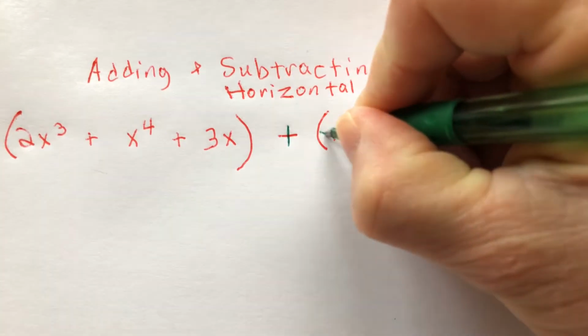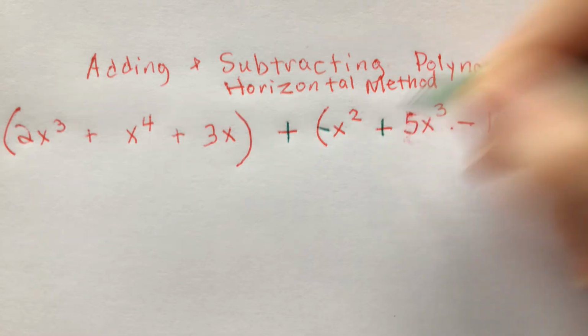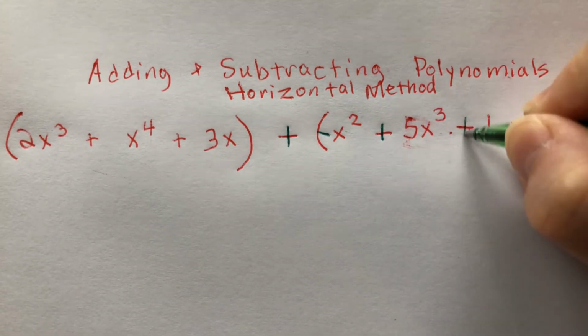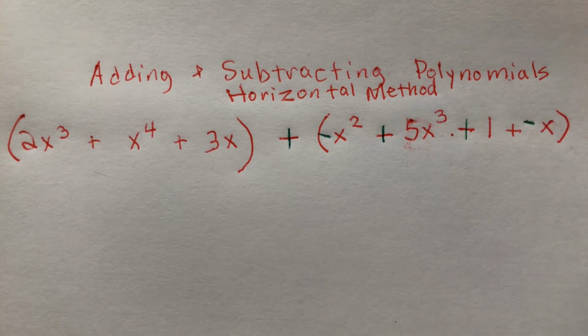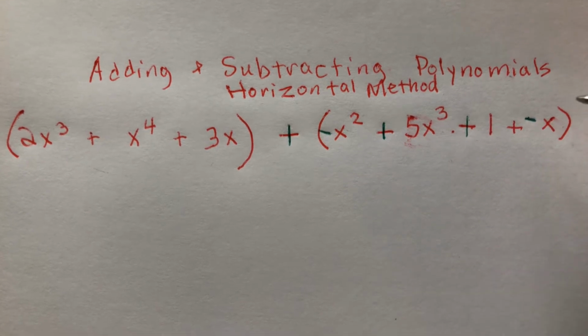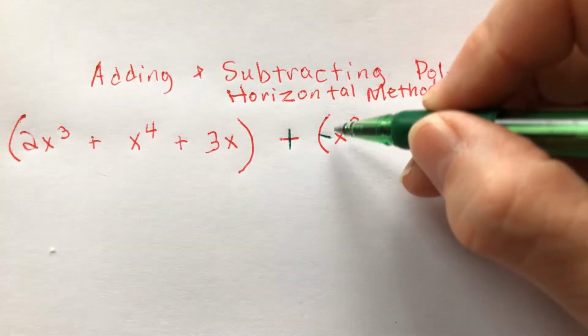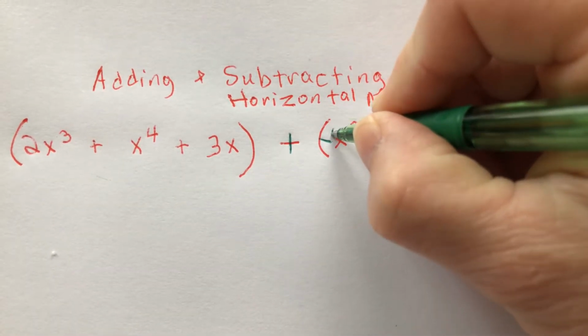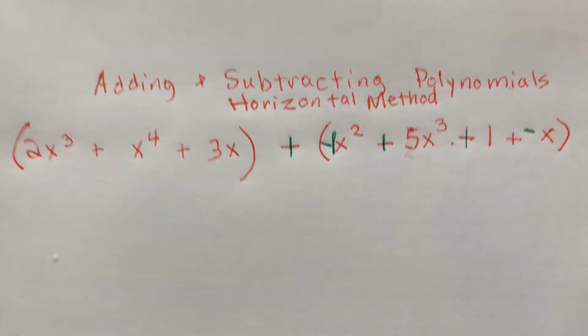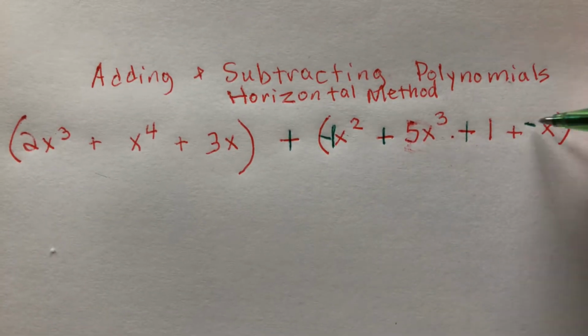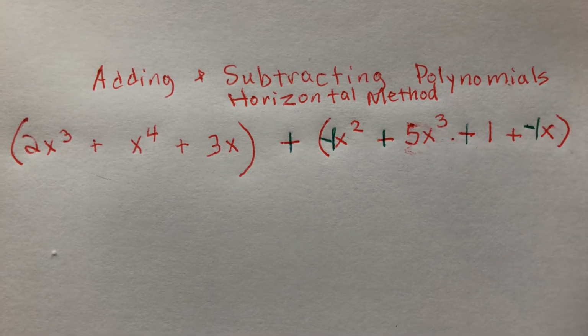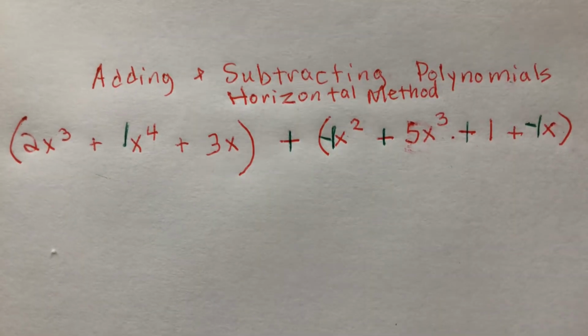So this becomes a -x squared, a positive 5x cubed, a positive 1, and a -x. Now remember that also with something that doesn't have a coefficient, you could put a 1 in there. So that would be like a -1, and this would be like a -1. And then over here, this would be a positive 1. You don't have to write that if you don't want to.